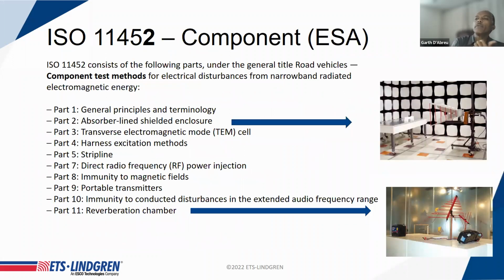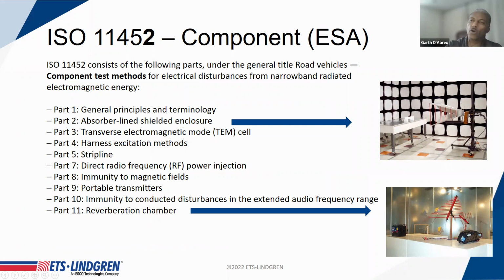This is just an example of some of the parts that we have for the component immunity standard. As you can see, it covers a whole host of different environments. As I mentioned, part 2 covers the absorber lined shielded enclosure. And again, there are different environments, strip lines, traditionally housed in a shielded enclosure.